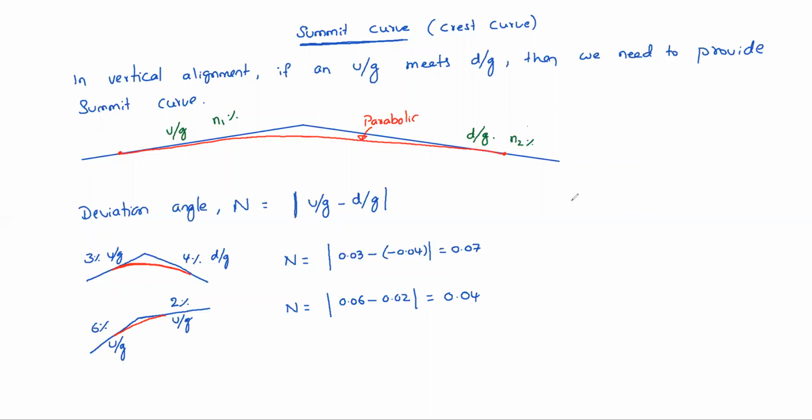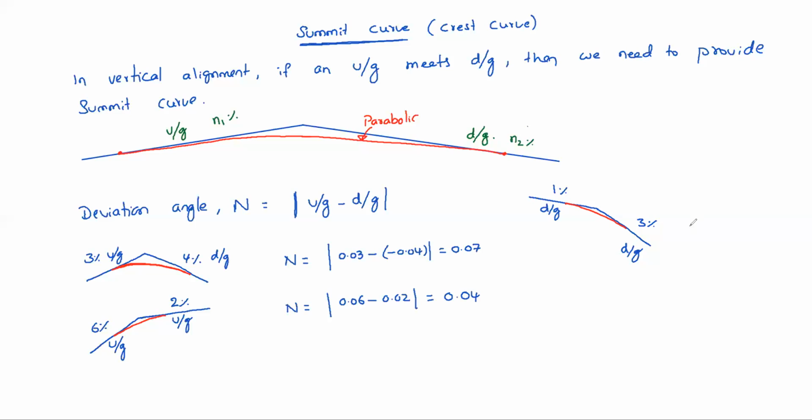Similarly, suppose one mild down gradient meets with a steep down gradient. Both are down gradients. Suppose this is 1% down gradient, this is 3% down gradient. Here also you get a summit curve.